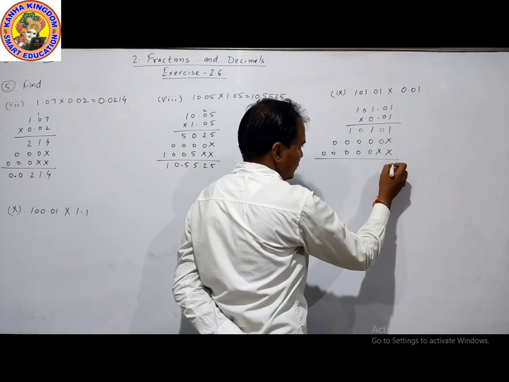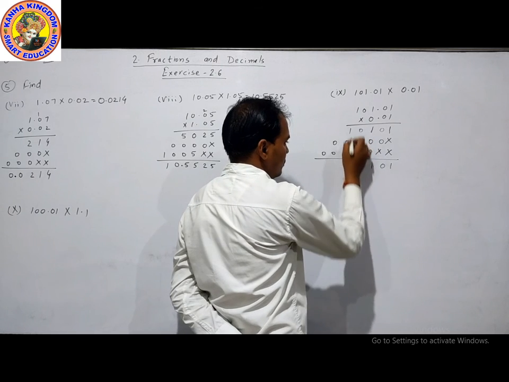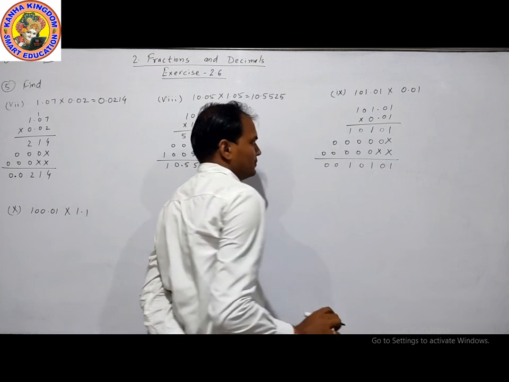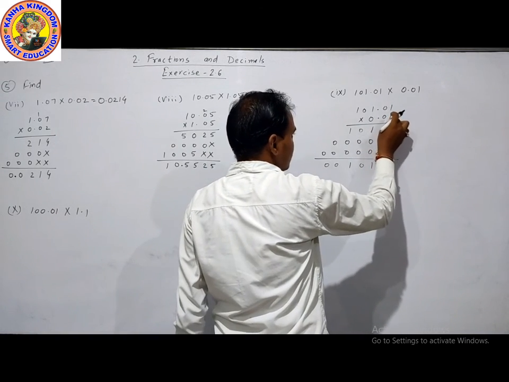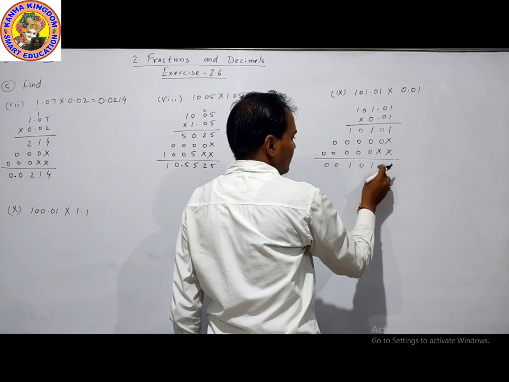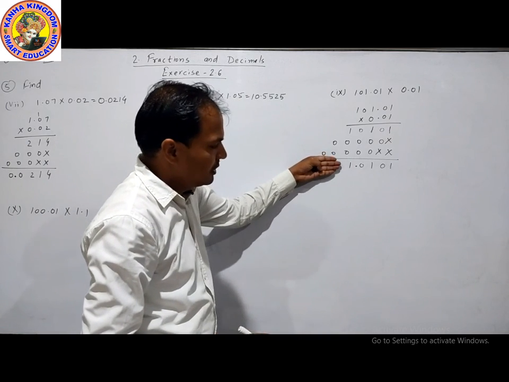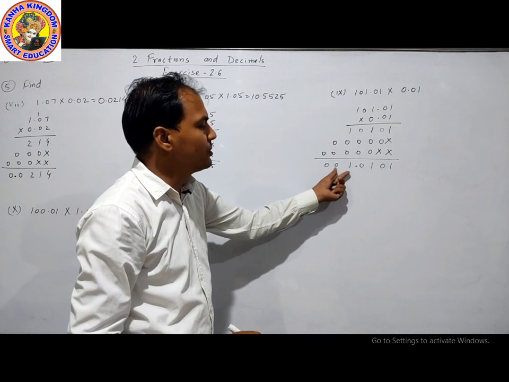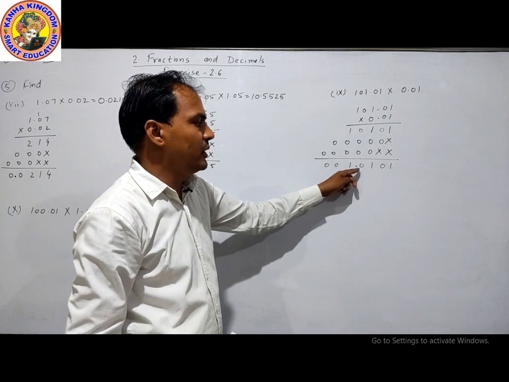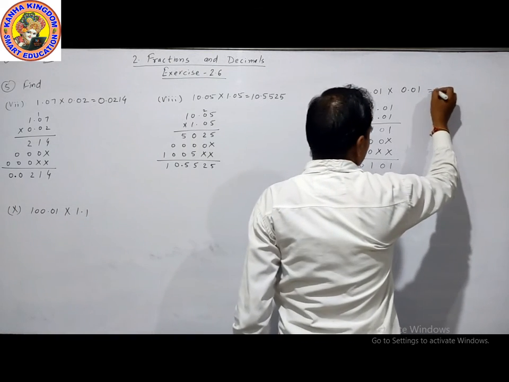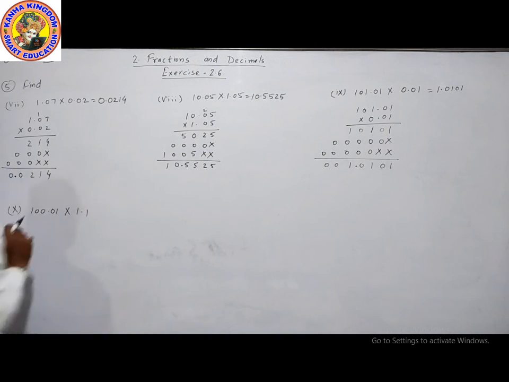Now adding: 1, 0, 1, 0, 1, 0 and 0. Now counting of decimal points: 1, 2, 3, 4, after 4 digits. We can remove 0 from here. So the answer is 1.0101.